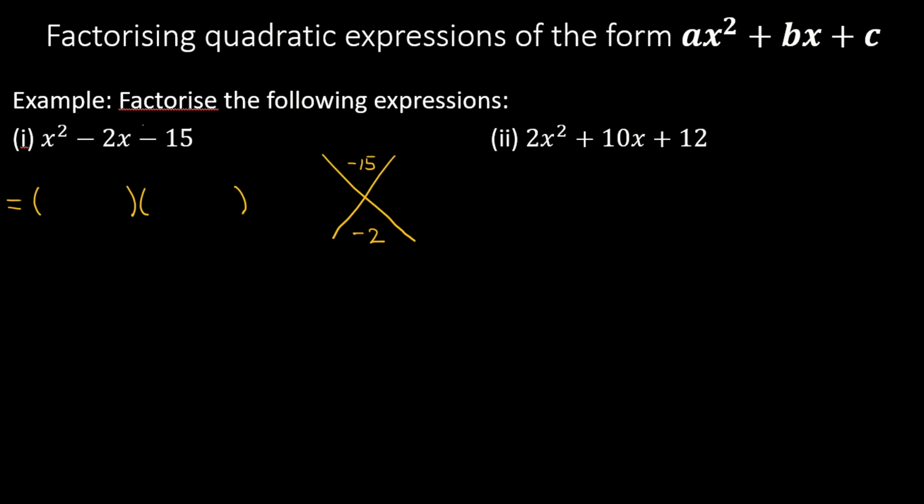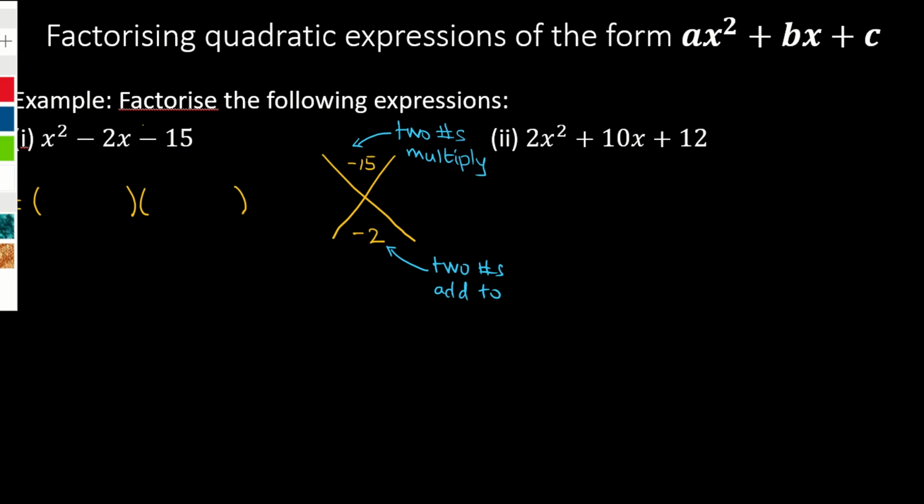The next step is to consider two numbers which when you multiply give you negative 15, and the same two numbers which when you add give you negative 2. What are these two numbers? We have to select them from a list.